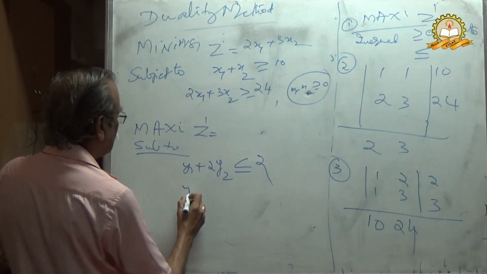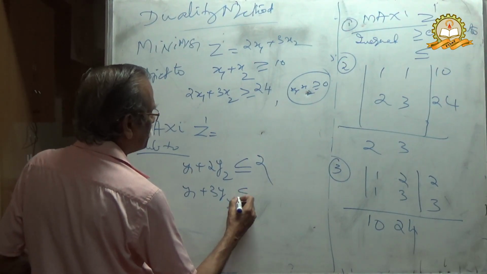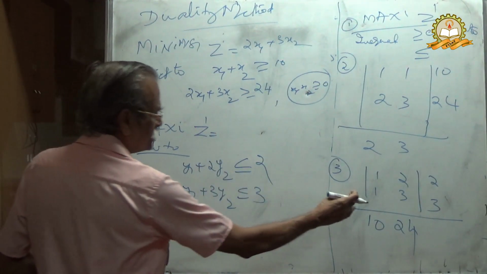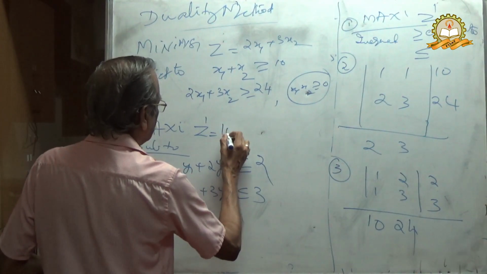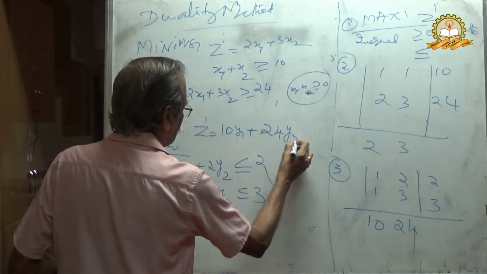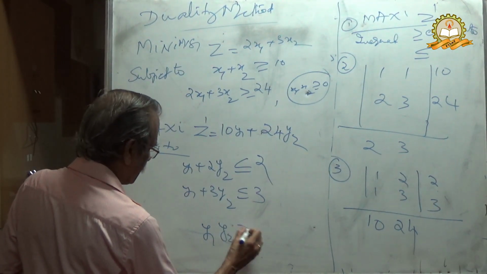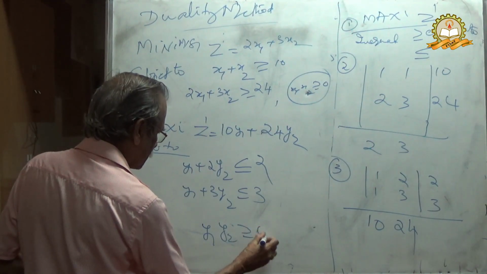And y1 plus 3y2 less than or equal to 3. And y1, y2 greater than or equal to 0.